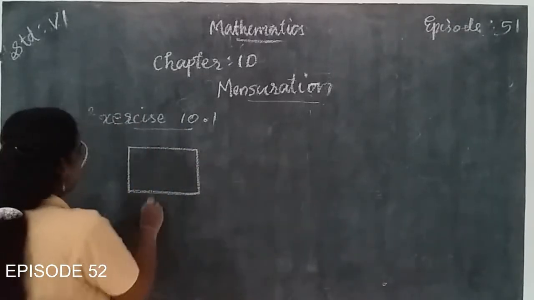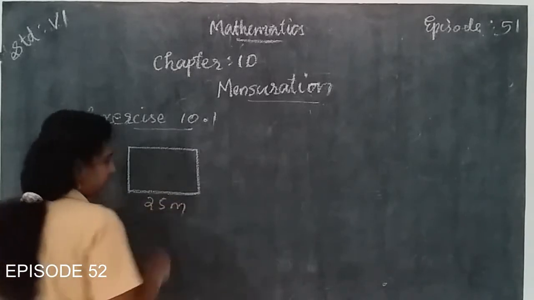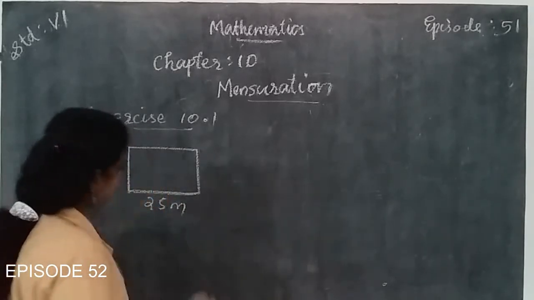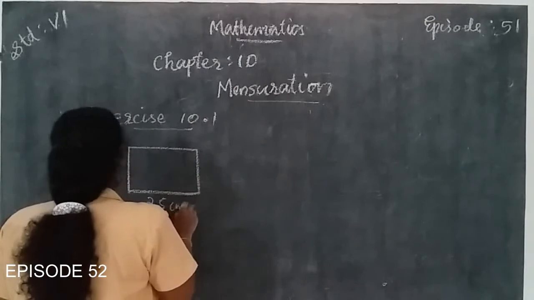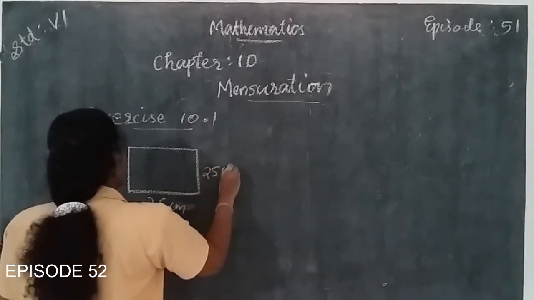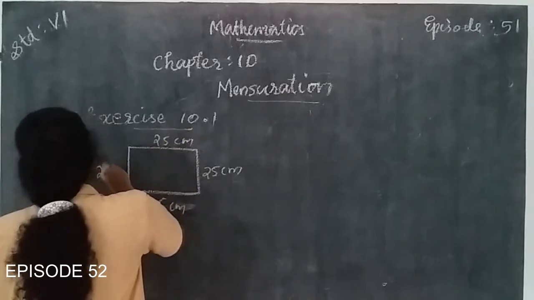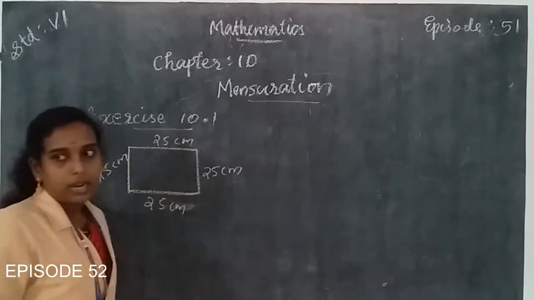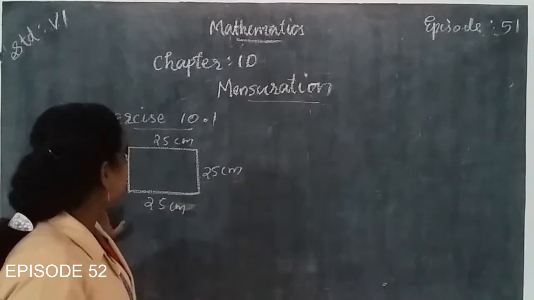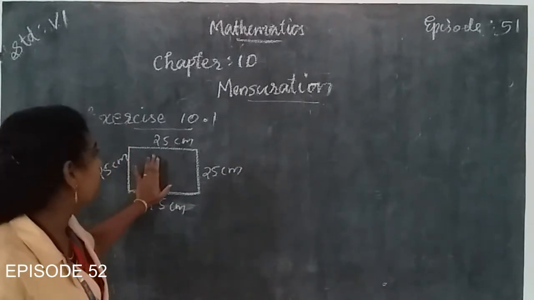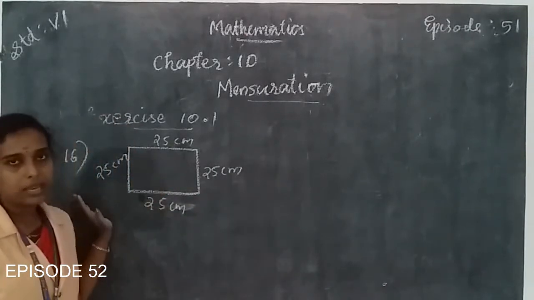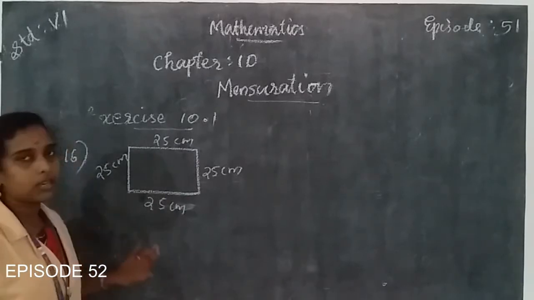And the length of side is 25 centimeter. So the length of each side is 25 centimeter. So we want to find the perimeter of the given square. So how to find the perimeter of a square?